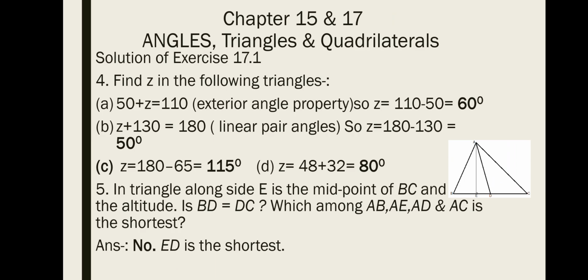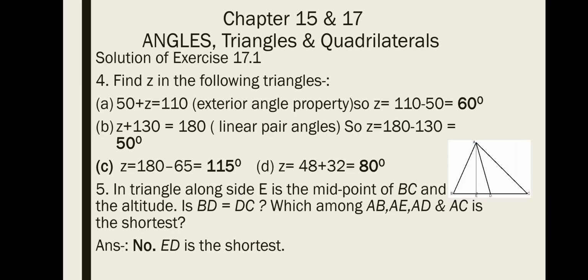Solution of exercise 17.1. Find Z in the following triangles. Now Z is one of the angles given, and they have given exterior angle 110, and they have given the opposite of that exterior angle as one of the angles, and Z is another. So here you have to use the exterior angle property.